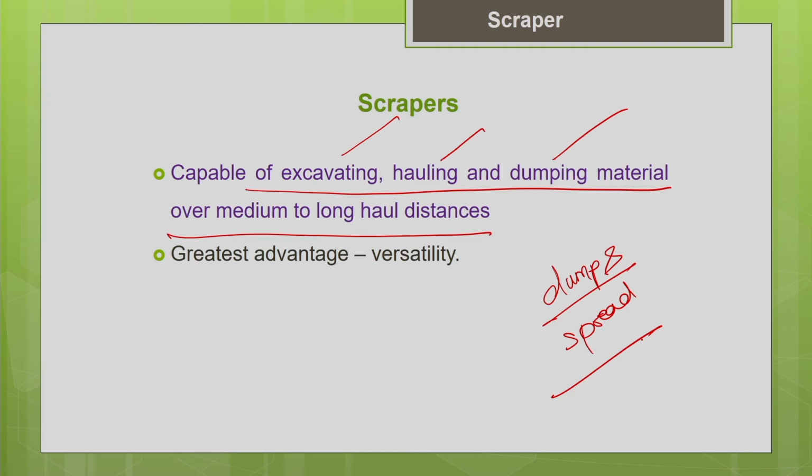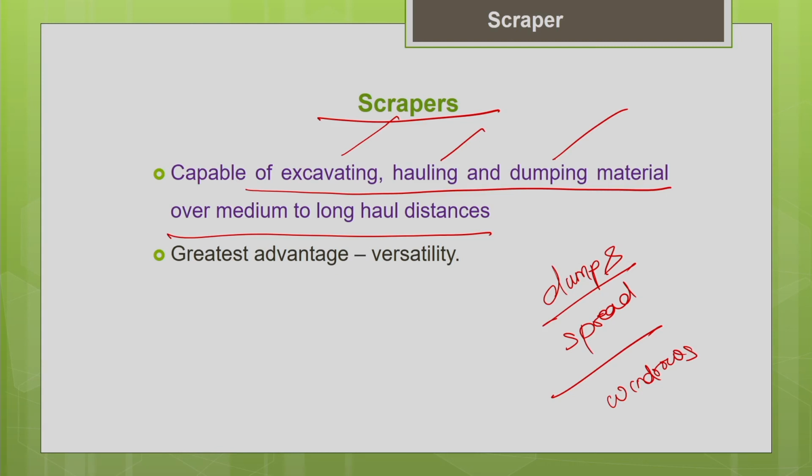It can uniformly dump and spread the material, say in windrows. So, you can have a uniform spreading of material to required thickness. So, very much suitable for the preparation of subgrade of the roads. So, another thing is, very commonly you can use this scraper. We can see its application for top layer stripping of the soil or the cutting and filling.